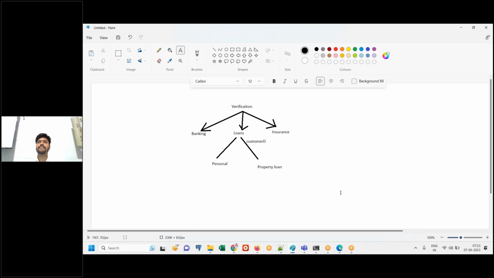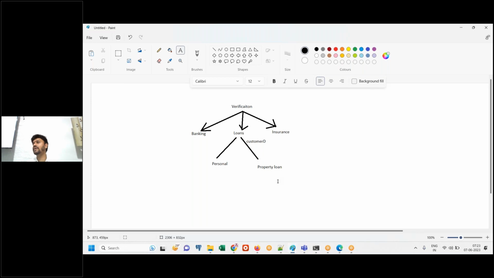What are those? Personal loan, property loan. Exactly what is there in the physical structure, the same should come in the technical development. So I will create the loan class, and below that I will create personal loan and property loan. Any common features, where do I create? Loans class. And specifically only for personal loan or only for property loan?